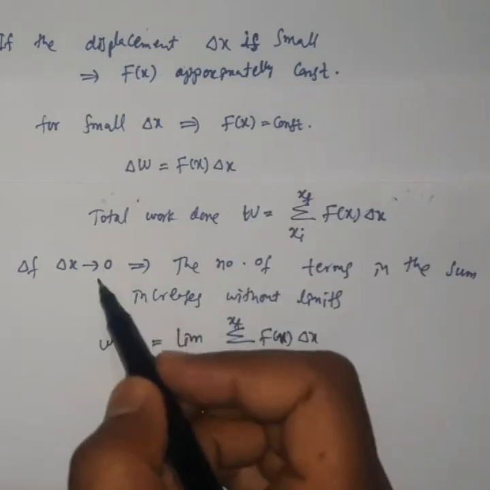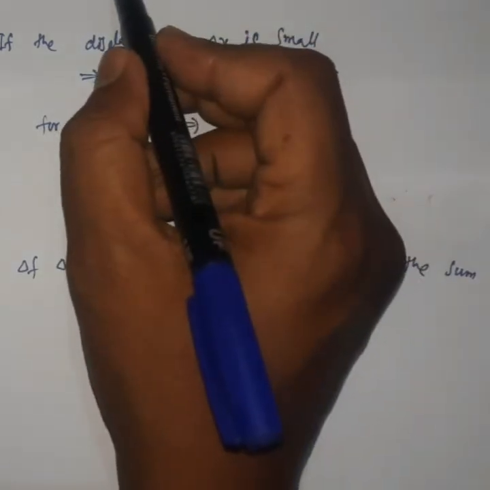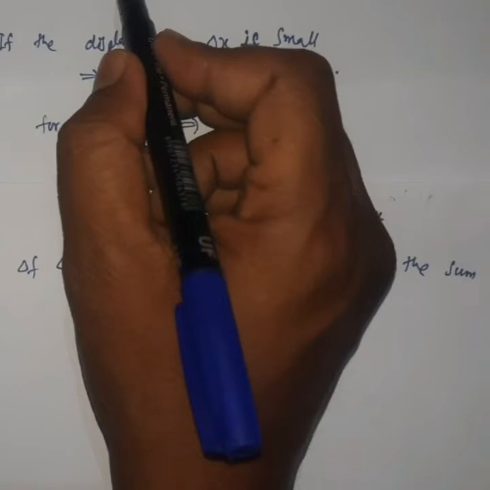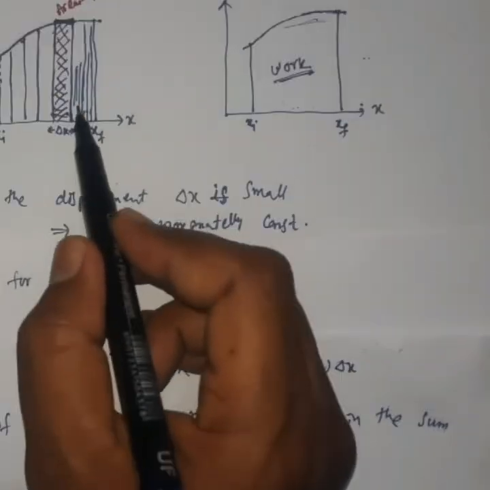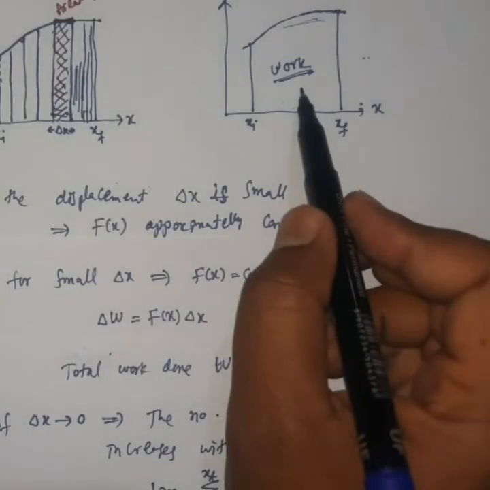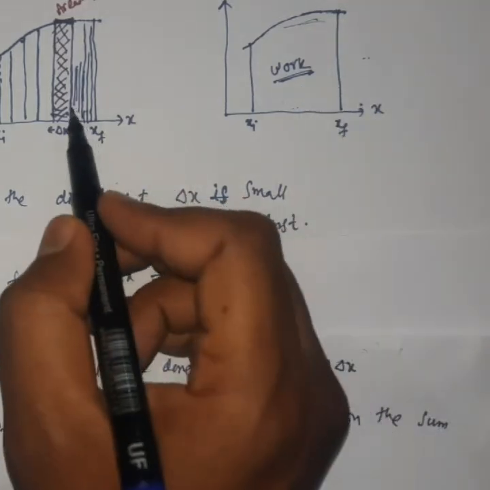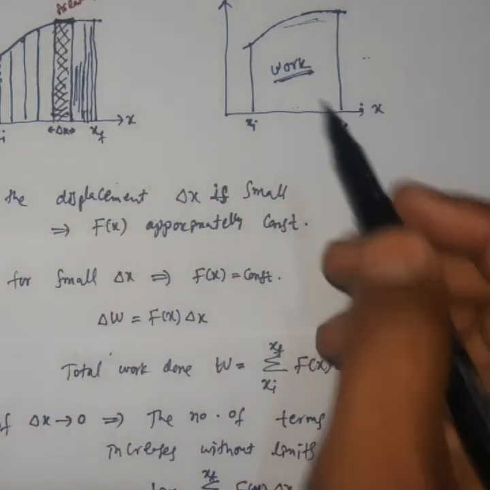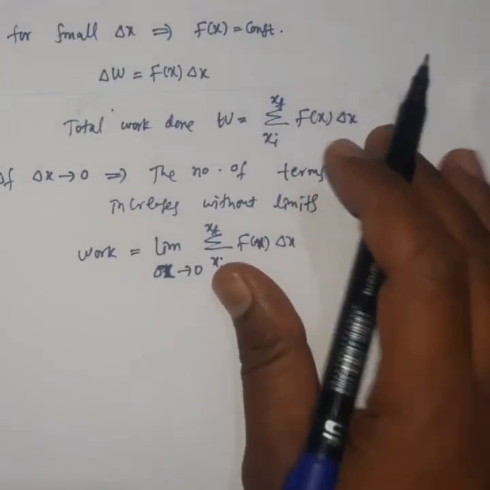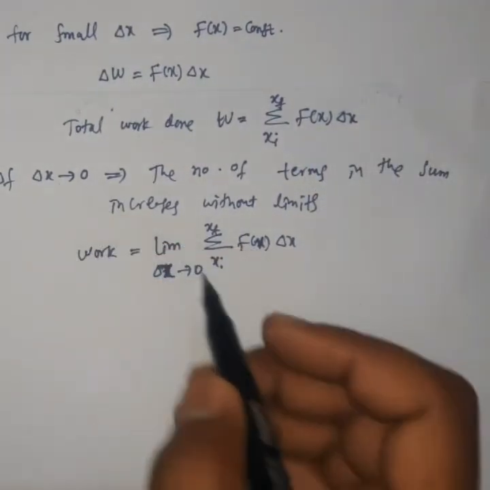So if del x tends to 0, the discrete values become continuous. Summation becomes integration.